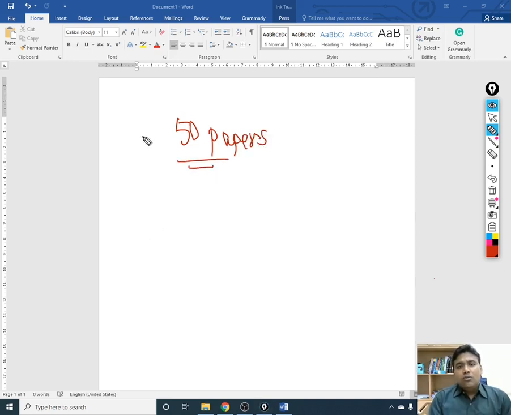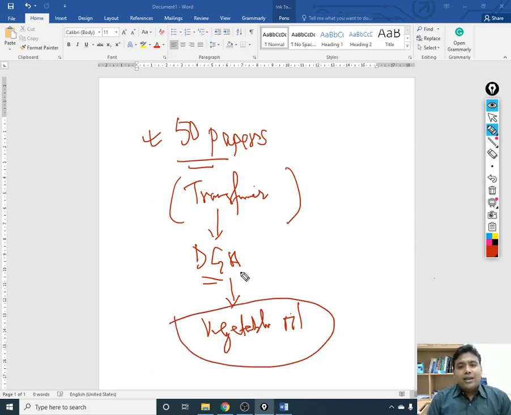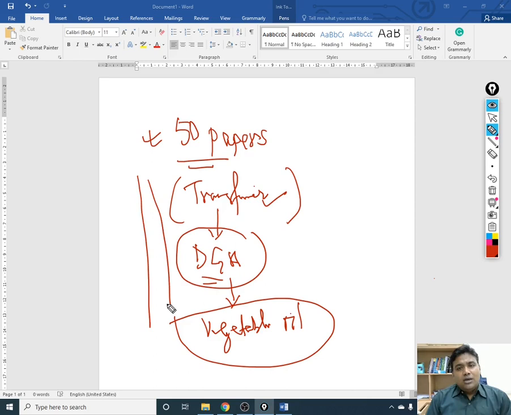Suppose I have chosen transformer as a big field, and then in the transformer I have chosen a small topic, DGA, that is dissolved gas analysis, and among dissolved gas analysis I have chosen vegetable oil. What is the meaning? That I want to concentrate my research on vegetable oil, and I want to study the DGA in that transformer. In this way I can narrow down my research search.